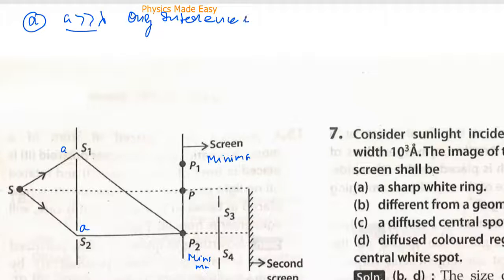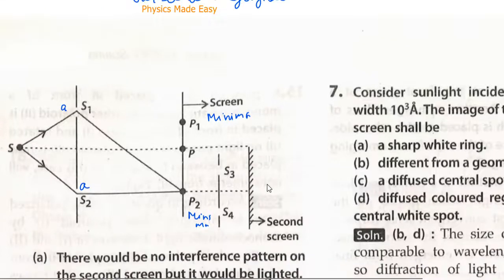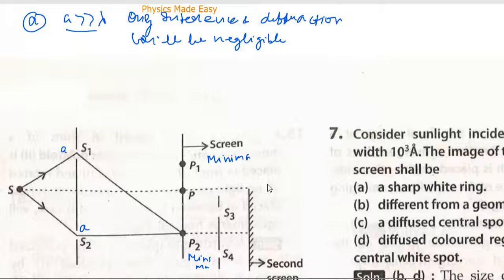And diffraction will be negligible in this case. In this case, in the interference pattern, minimas are completely dark.